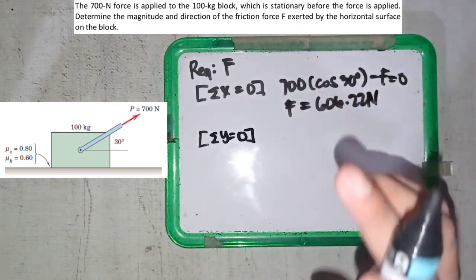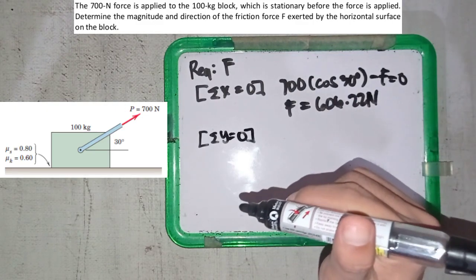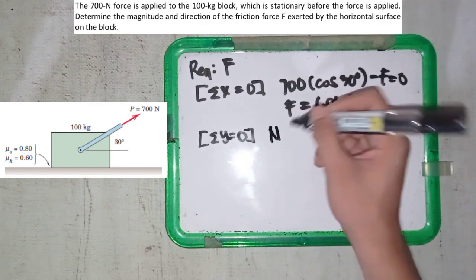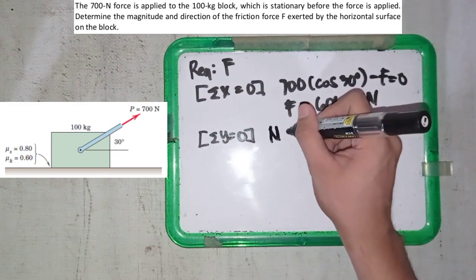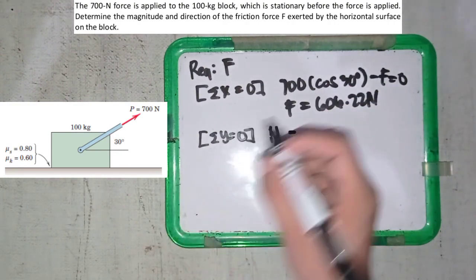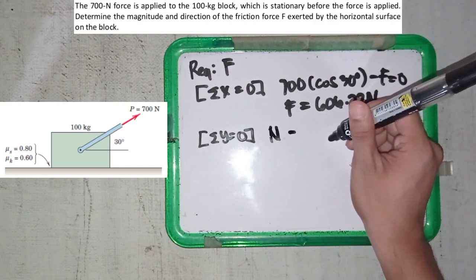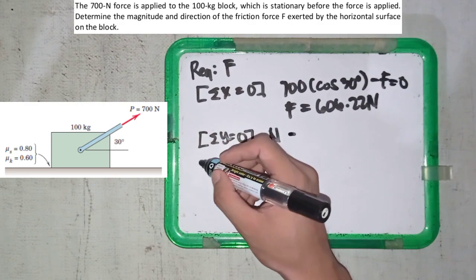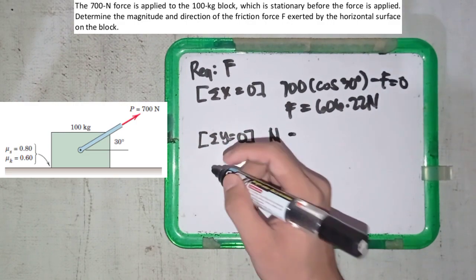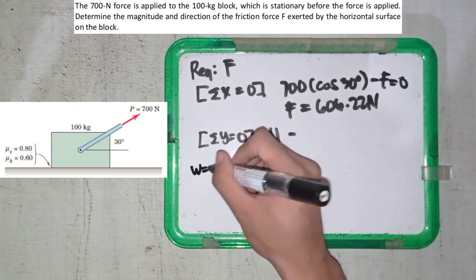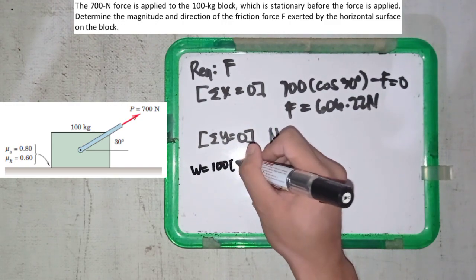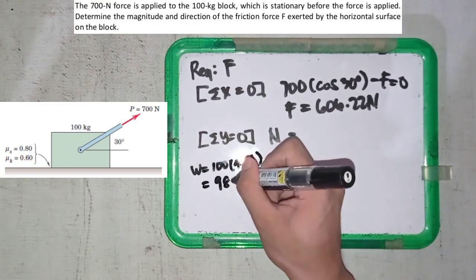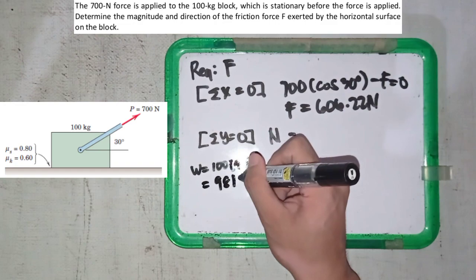So this will be the normal force, and minus the weight. To find the weight, since it is indicated in kilograms, we will multiply it by the gravity. So W will be 100 kg times 9.81 meters per second squared. So our weight here is 981 newtons.